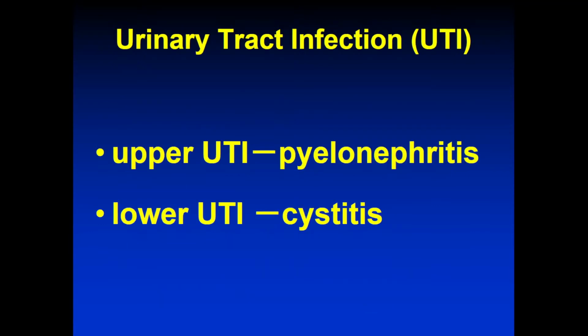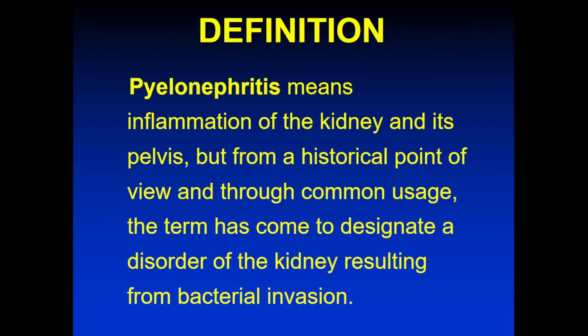So, we distinguish two types of urinary tract infection: upper urinary tract infection, which we define as pyelonephritis, and lower urinary tract infection, cystitis.